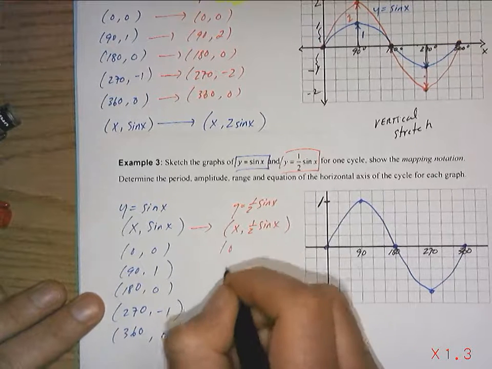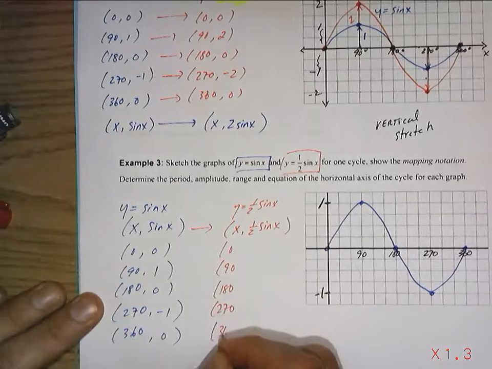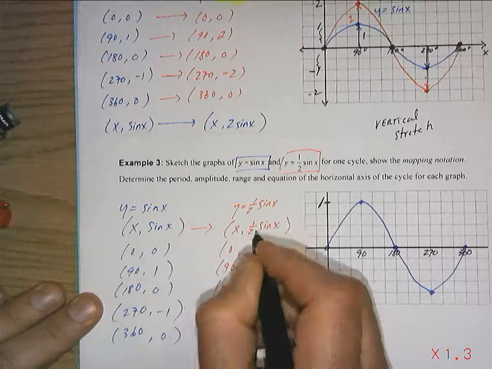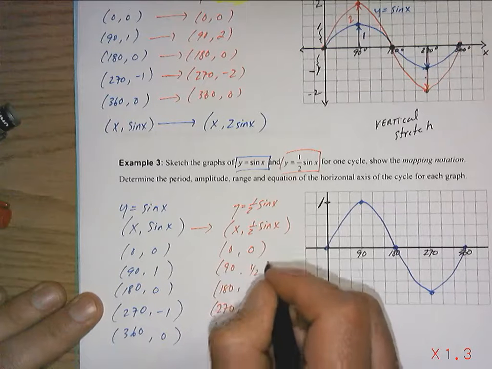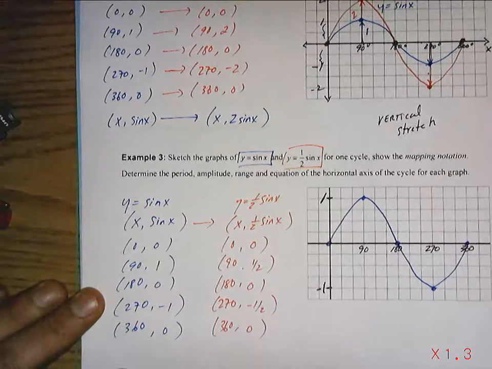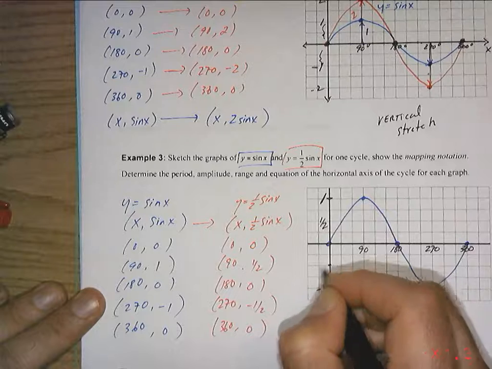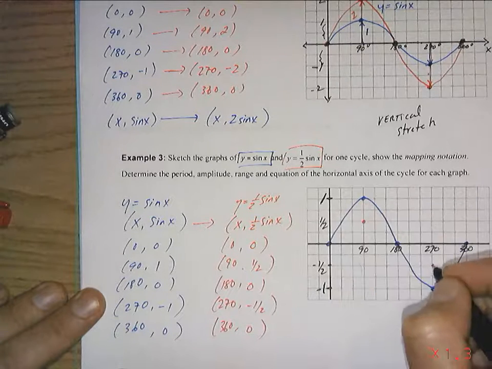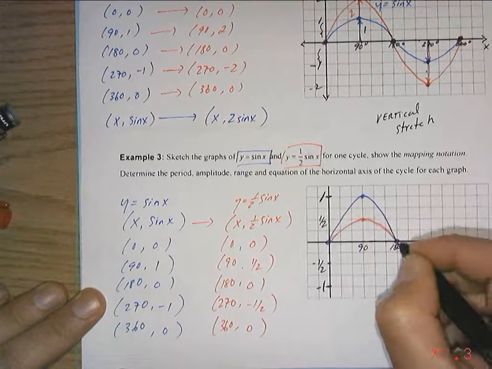So 0, 90, 180, 270, 360. 0 times 1/2 is 0. 1 times 1/2 is 1/2. 0, -1/2, 0. So what we're going to get is, that's half, that's -1/2. We're going to get a shorter curve, a vertically compressed curve.